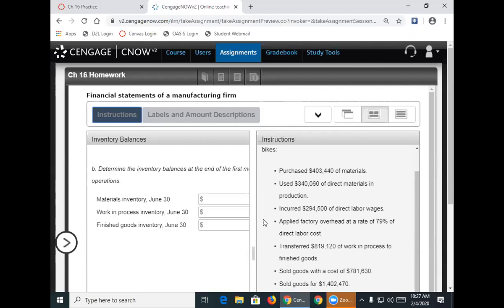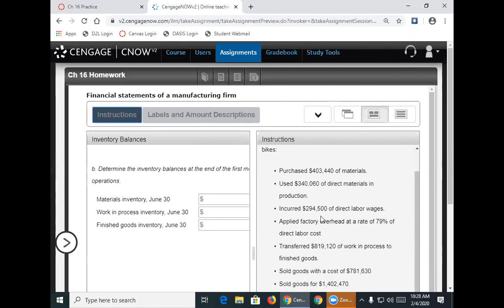You would show that you purchased, well, a purchase is a debit to materials, right? And then it said we used 340,60, so that's a credit. And that was direct materials. So you just have to go through and do all your cost flows.